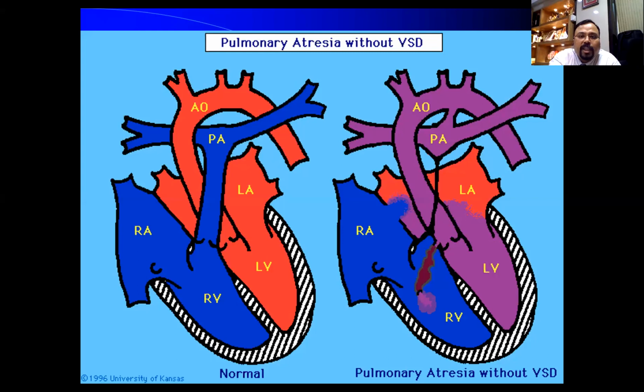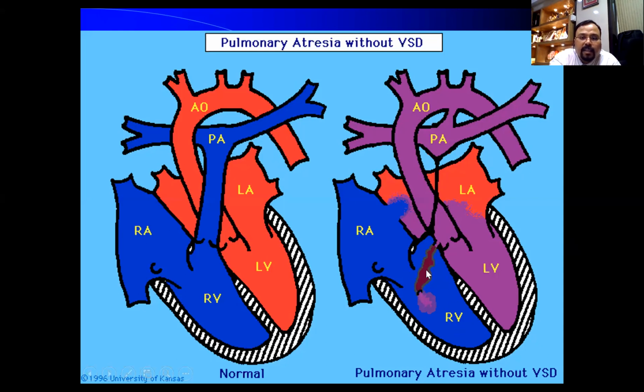This figure shows pulmonary atresia with VSD. This is normal heart, intact septum. Here you can see this is fibrous cord-like structure, pulmonary atresia. So there is no development of MPA. This is right ventricle, which is tripartite, well developed.